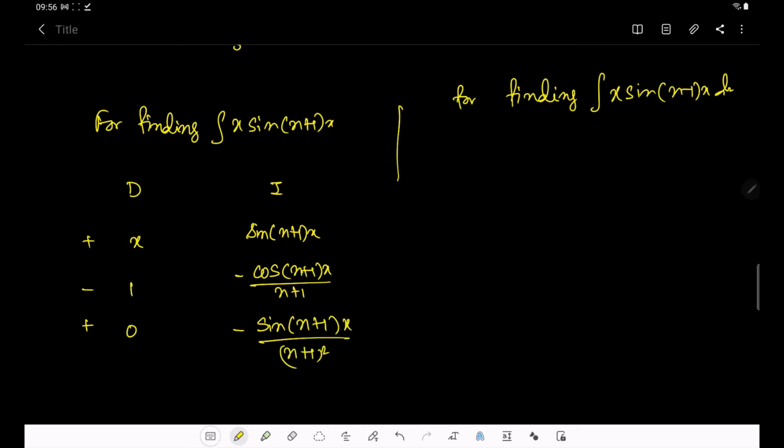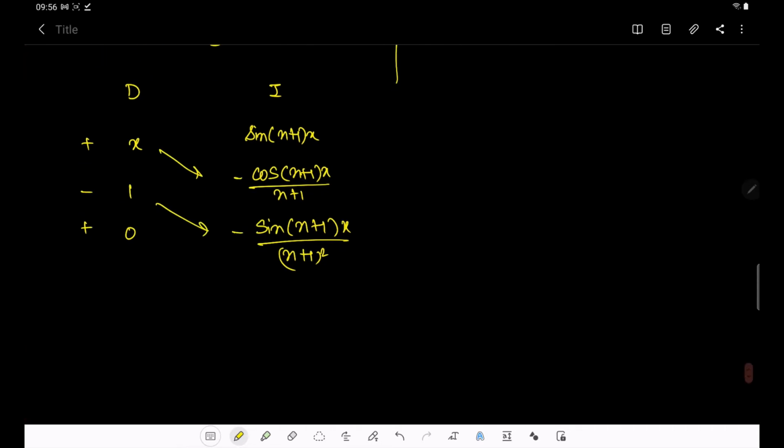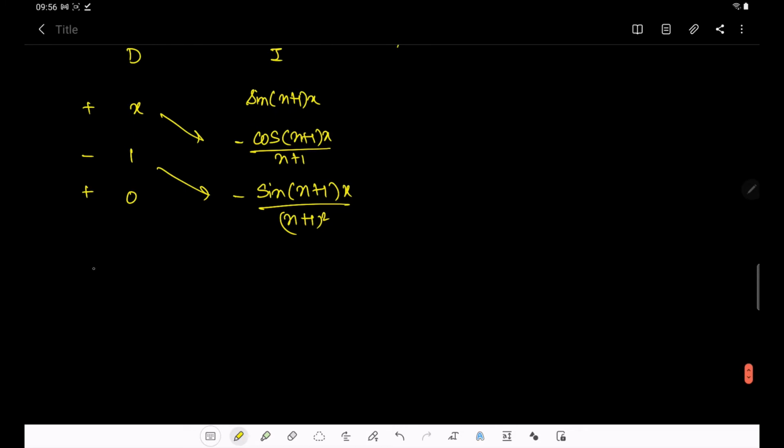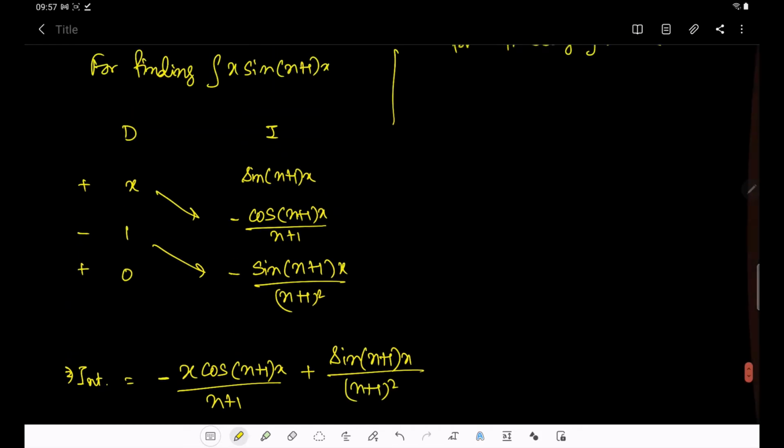So multiplying, the integration will be equal to minus x cos((n+1)x)/(n+1) plus sin((n+1)x)/(n+1) squared, right?